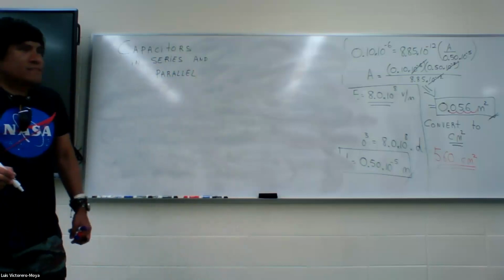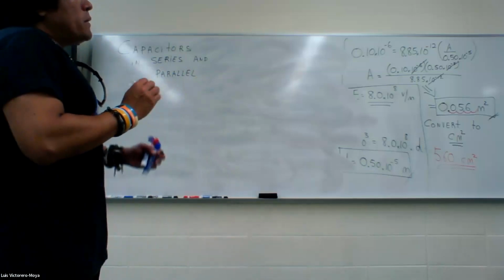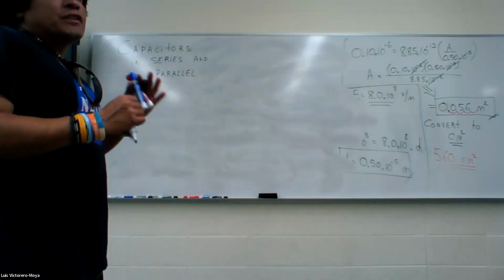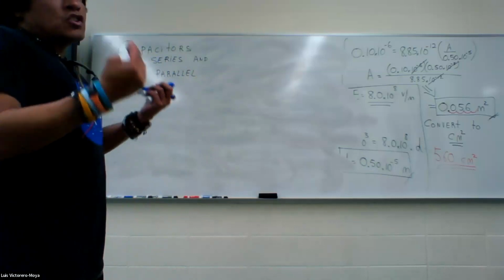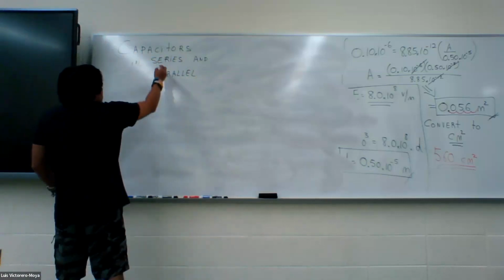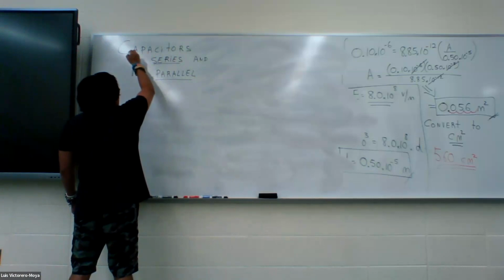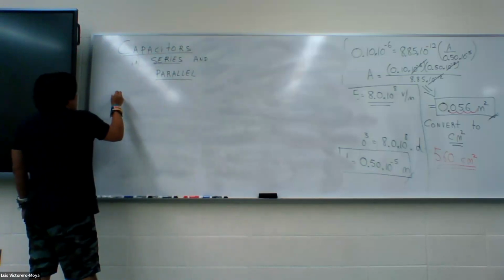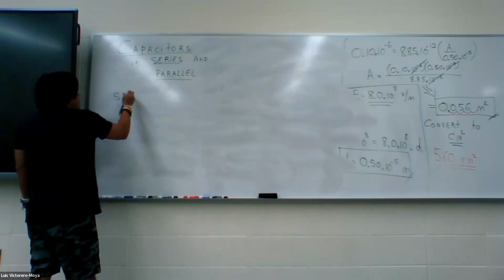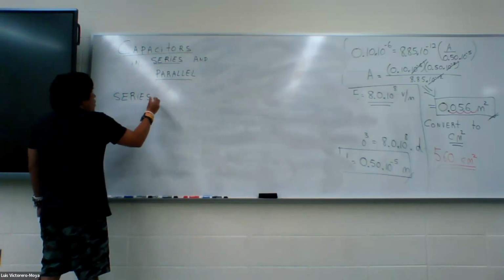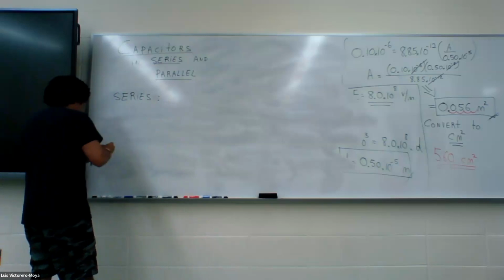So for capacitors in series and in parallel, the idea will be to find a way to combine them into one, and then use that combination to explore the charge, the capacitance, and so on. So what is the first step? For capacitors in series, normally the way they look is like this.